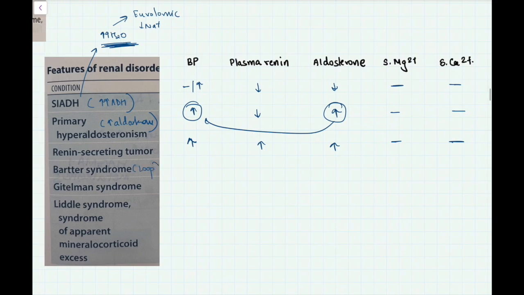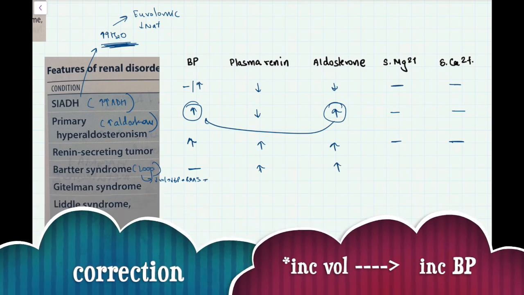Due to the decrease in volume, there would be activation of plasma renin and aldosterone, and they will maintain the BP. That is, due to the diuretic action there would be a decrease in volume, causing a decrease in blood pressure, but due to activation of the renin angiotensin aldosterone system, the BP here is normalized.